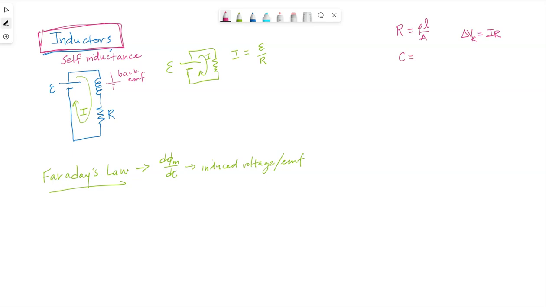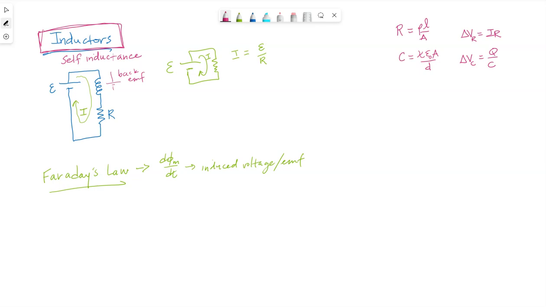A capacitor, its capacitance was determined by how it was constructed. So the electrodes, if it was, say, a parallel plate capacitor, the plates, the cross-sectional area of the plates, the distance between the plates, any material or dielectric that was in between the plates. A capacitor had a potential difference across it if there was charge that had accumulated on the plates.